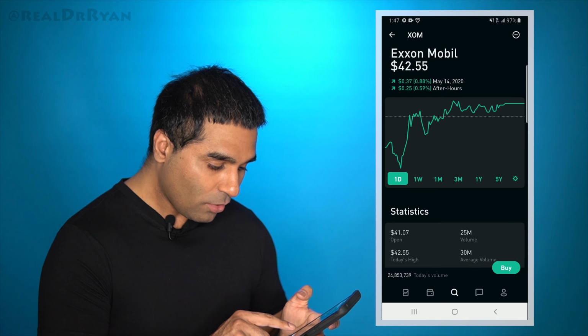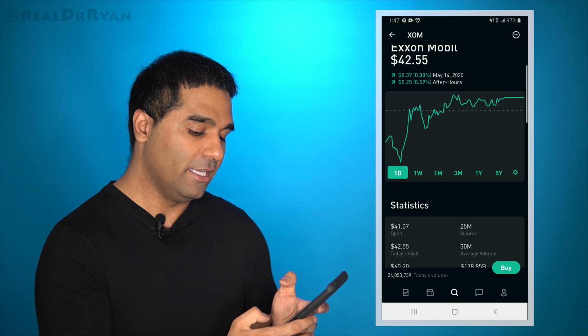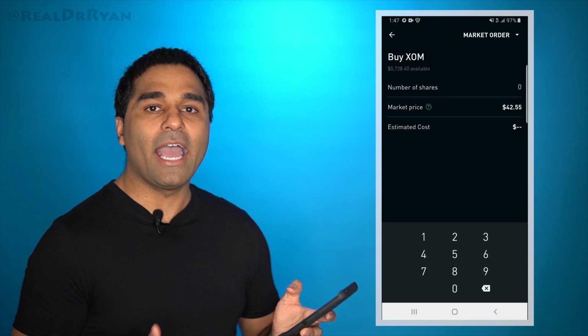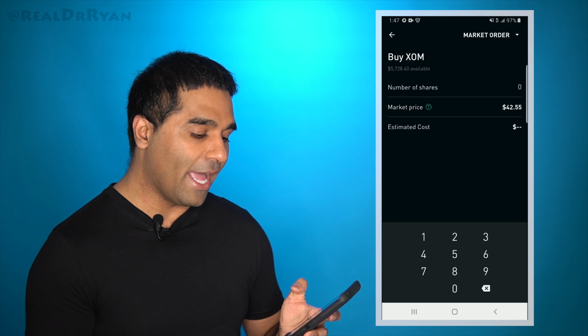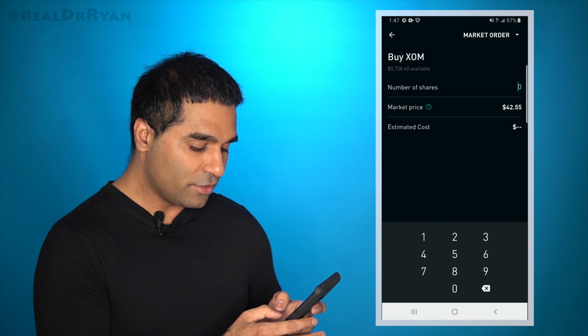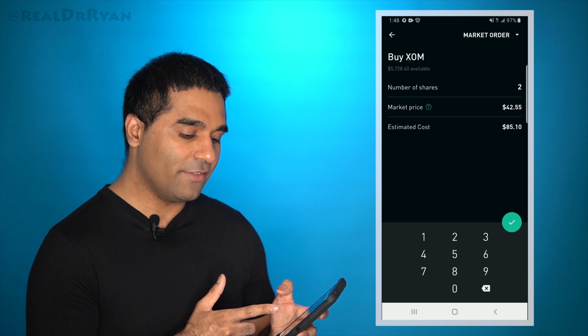So what you want to do is click on this green buy button. And when you click the green buy button, it's going to ask you how many shares you want to buy. Now, let's say I want to buy 2 shares. So the market price is $42.55.